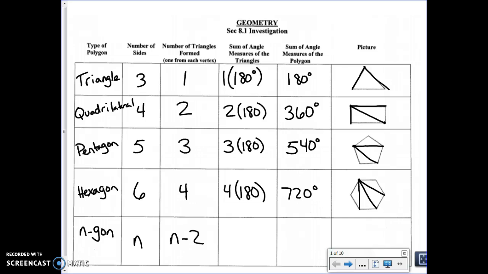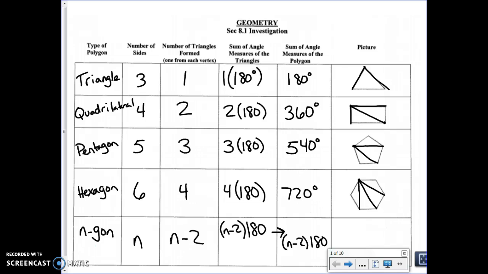So here would be n minus 2 times 180 would be my expression to get to the sum of the measures of the polygon. So this would also be n minus 2 times 180. And notice that I have grouped that n minus 2 together. We want to make sure we take care of that.